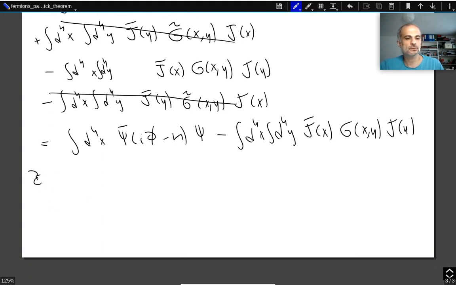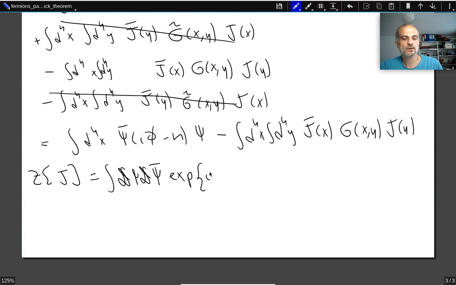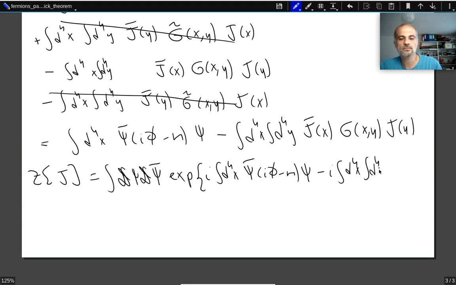So let's go to Z[j]. This is now the measure over psi this time. Exponent of i∫d⁴x ψ̄(i∂̸ − m)ψ minus i∫d⁴x d⁴y j̄(x) g(x,y) j(y).